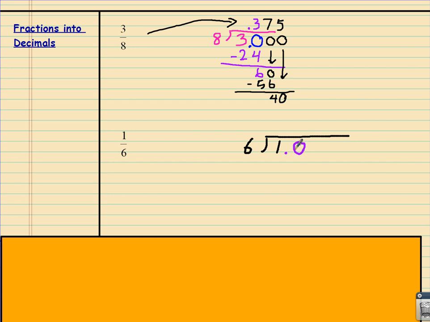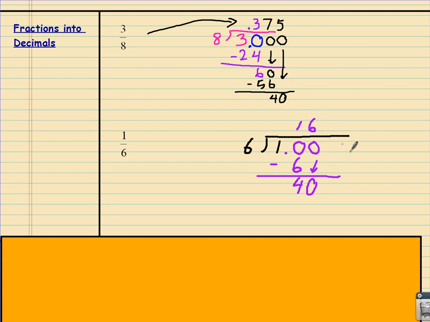How many times does 6 go into 10? 1 time. 6 times 1 is 6. Subtract. 10 minus 6 is 4. Bring down another 0. How many times does 6 go into 40?